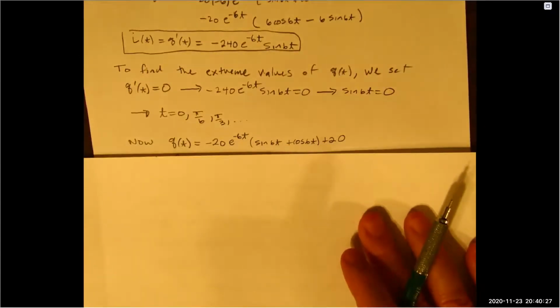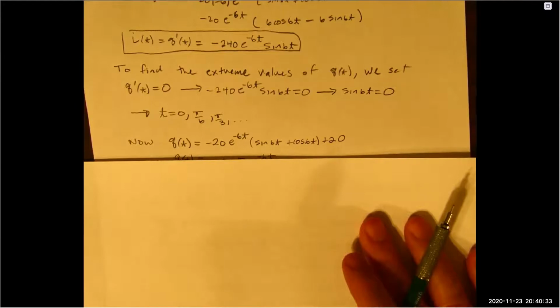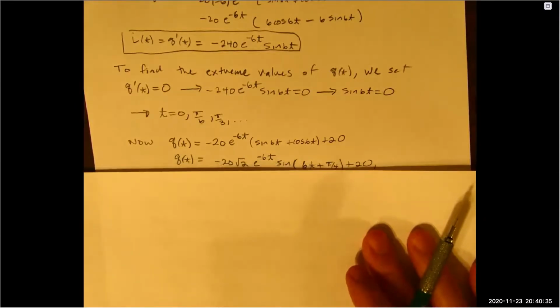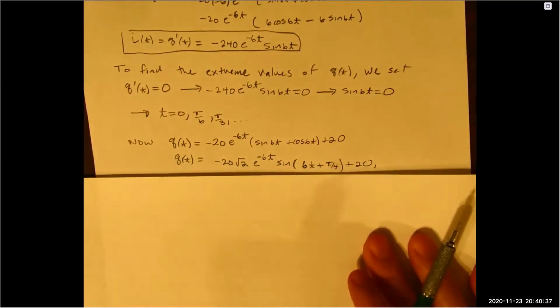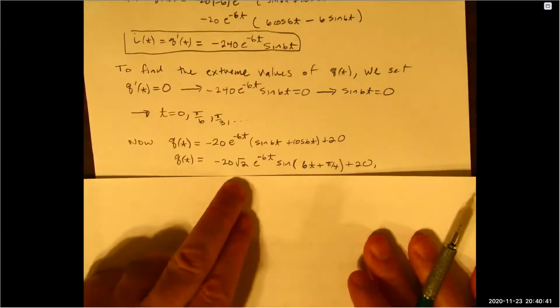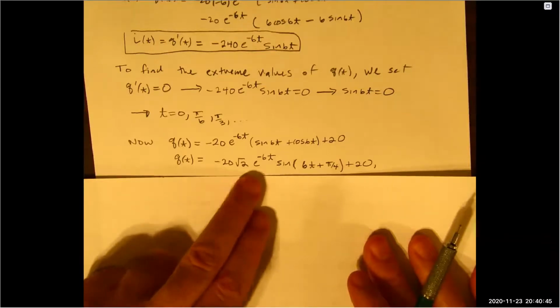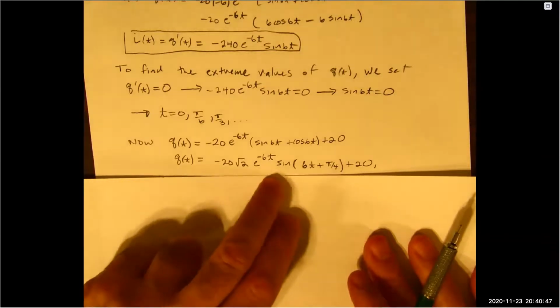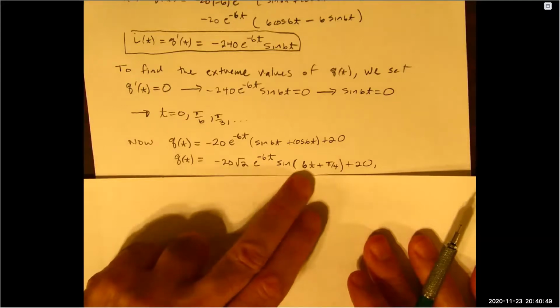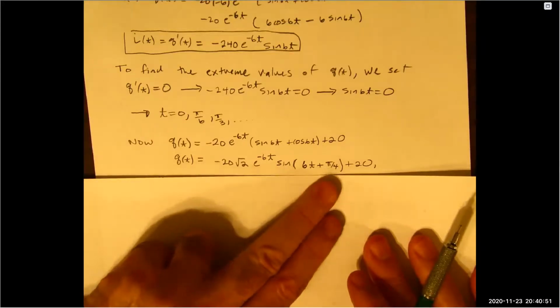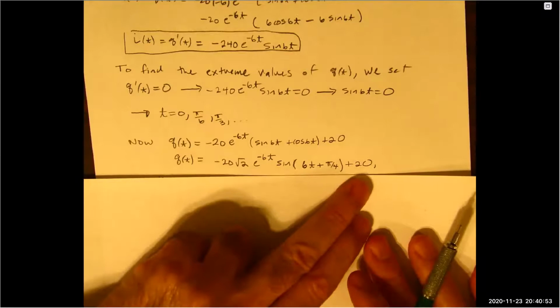Now, if we look at our charge, we can rewrite this in a form that you're going to recognize, that we've talked about before. We can rewrite it as minus 20 root 2 times e to the minus 6t sine of 6t plus pi over 4, the phase angle, plus 20.